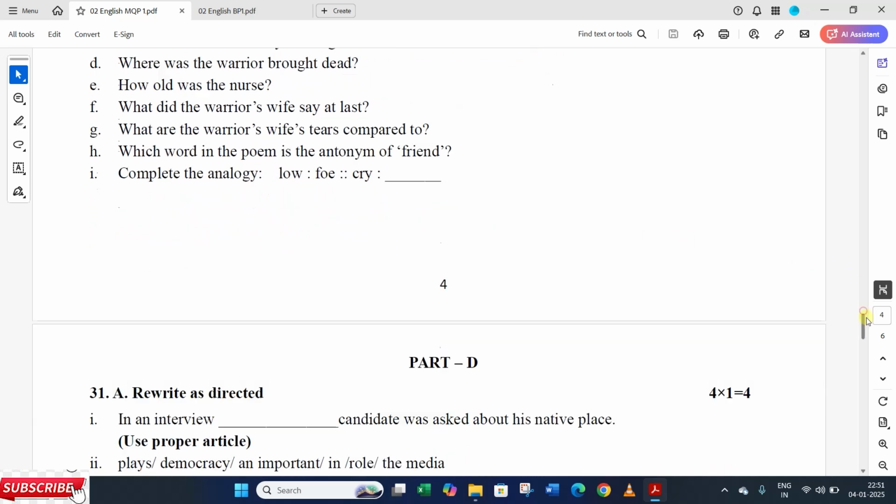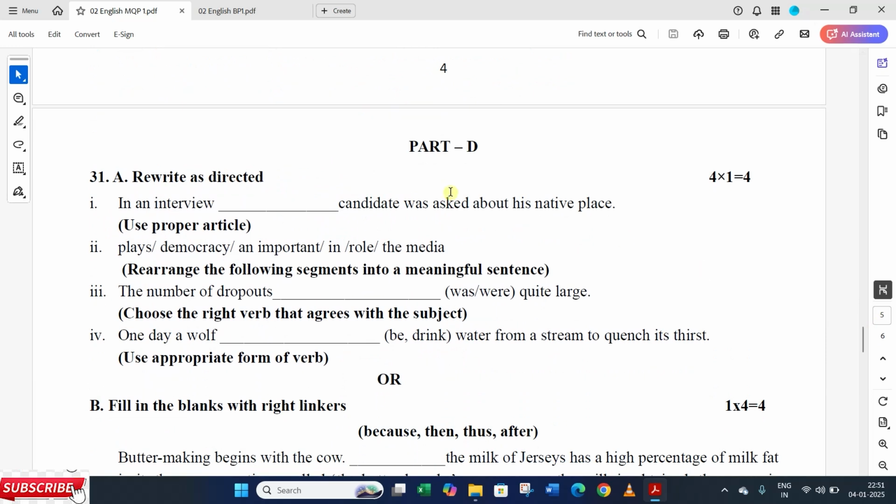Let us turn towards the next part, and the next part is part D. Part D is totally about grammar, the grammatical structure, grammar and composition we have to answer. So question number 31A, rewrite as directed. The very first question is for 4 marks. Here you will find certain grammatical units which I have already discussed in the blueprint: article, preposition, then you have to rearrange the segments into a meaningful sentence.